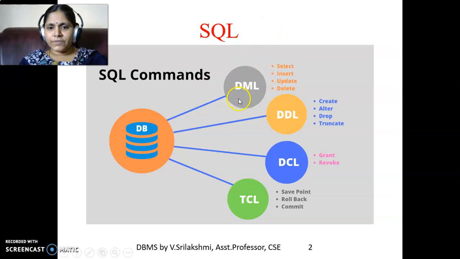For example, in DML, select, insert, update and delete are the commands available in data manipulation language. In data definition language, create, alter, drop, truncate commands are available. In data control language, grant and revoke are available, and in transaction control language, savepoint, rollback and commit are the commands that are available.